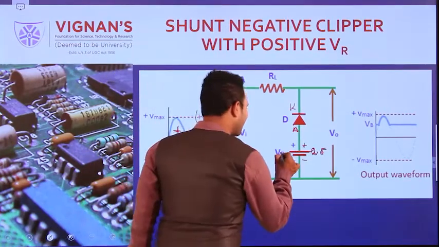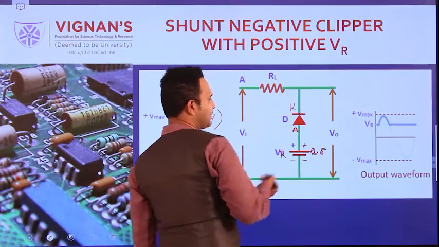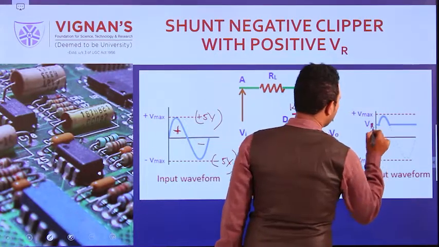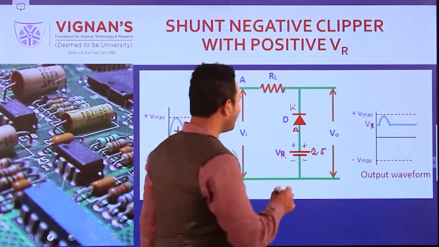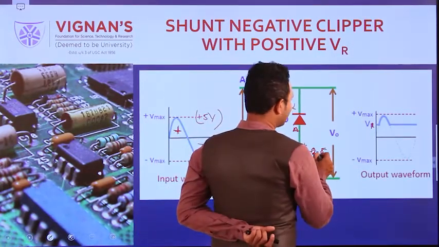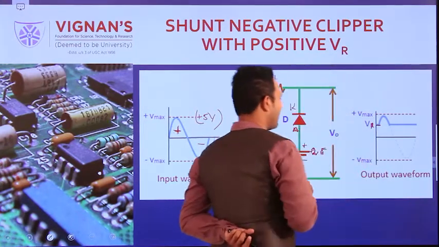Sometimes we call this the base voltage, but normally we name it the reference voltage. Plus 2.5 volts we have. Up to this point the diode is in reverse bias.